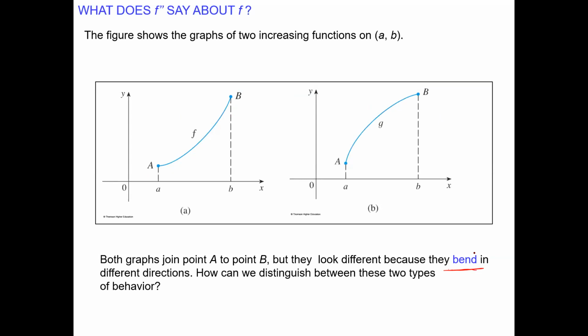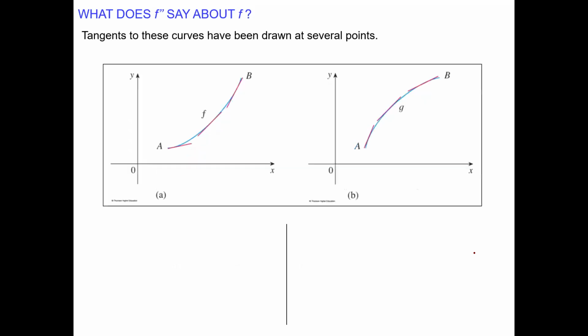But let's investigate what kind of characteristic the second derivative will give us for these different directions, the different bend. I have the same function f and function g, and of course, our really good tool is a tangent line, the slope of the tangent line.